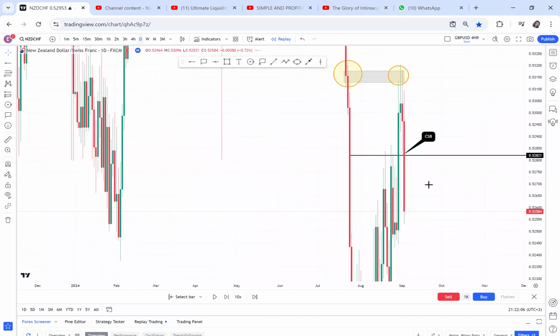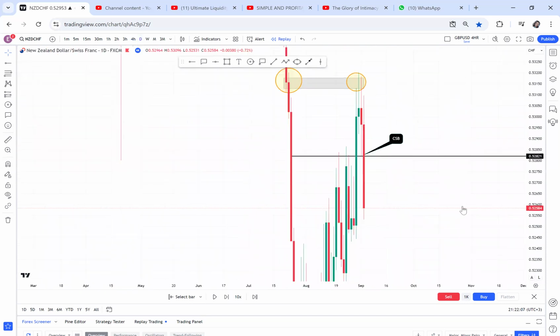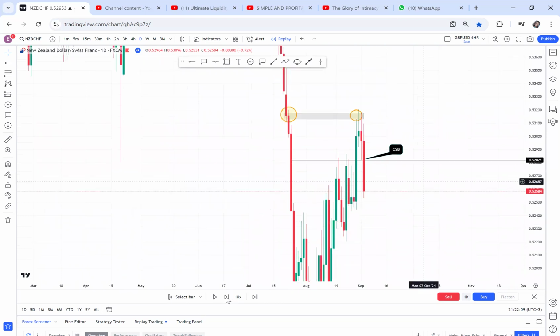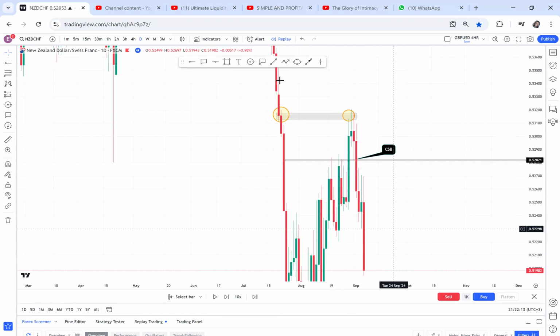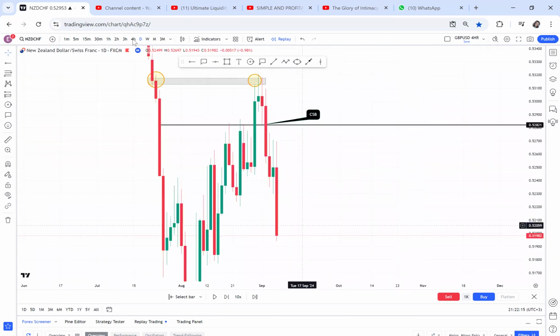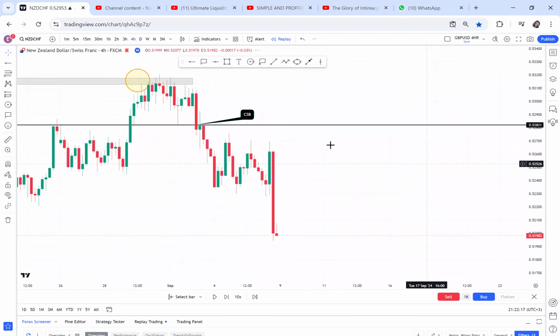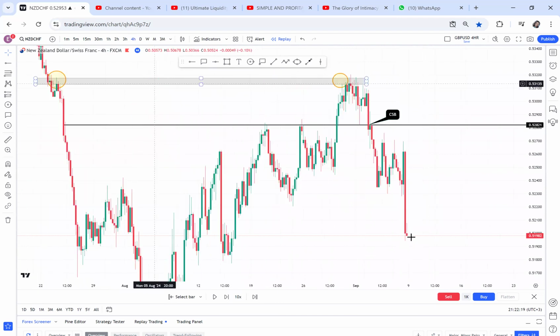I have shown you. The reason is because on the 4-hour, we had a double top and the market continued to go down. You can imagine this double top, it was coming to hit the half, guys. The market was coming to hit the half. So can you see? It was coming to hit the half. This double top and it dropped.